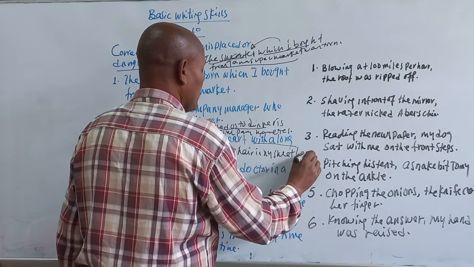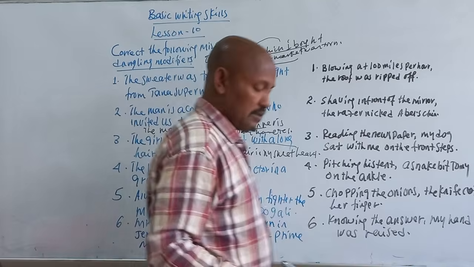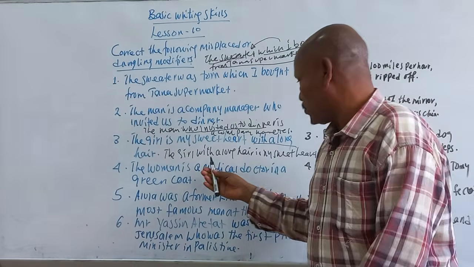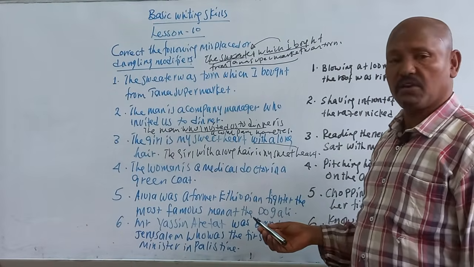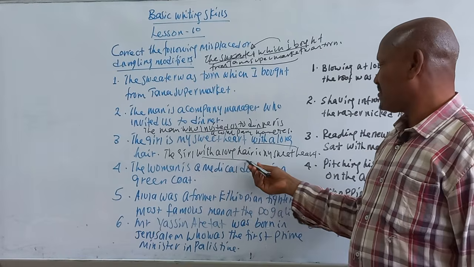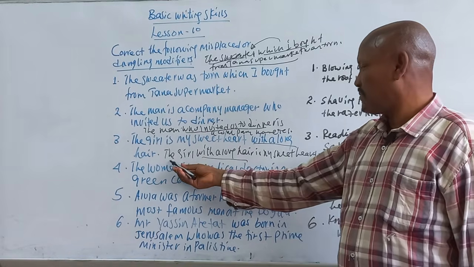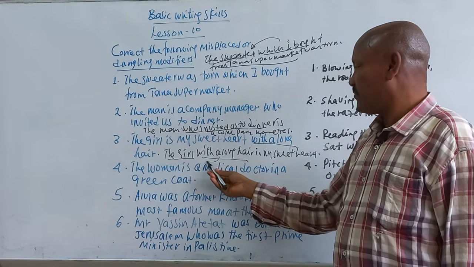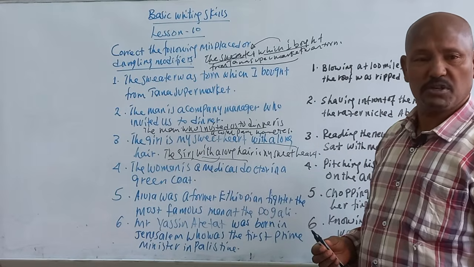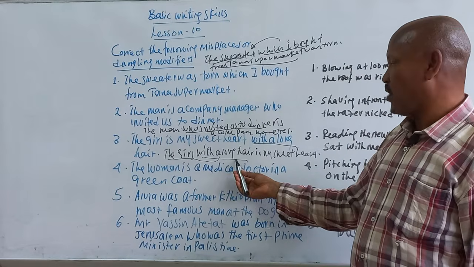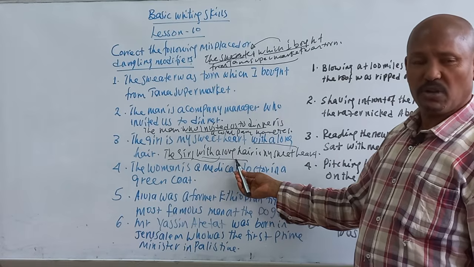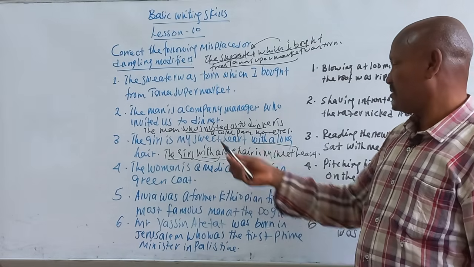My sweetheart, that's right. Yes. The girl with a long hair is my sweetheart. It is meaningful. Who has long hair? She does. So this phrase describes the subject, the girl. We call this a modifier. What kind of modifier? A prepositional phrase, because of "with a long hair" here.